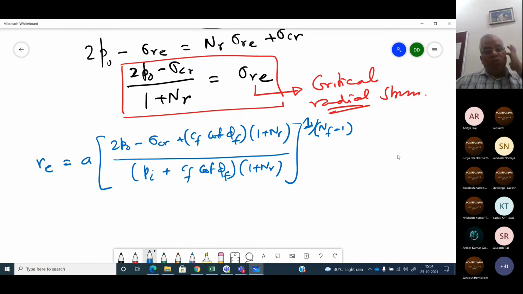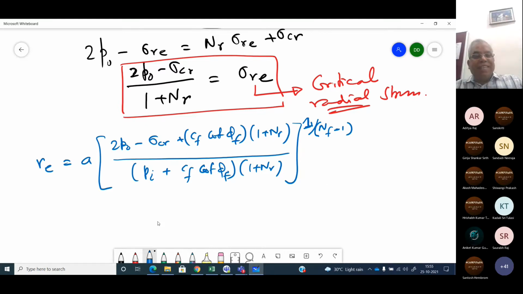This is the equation for Re, the elastoplastic boundary. That means from A to Re it will be plastic, and from Re onwards, any value above Re is elastic.